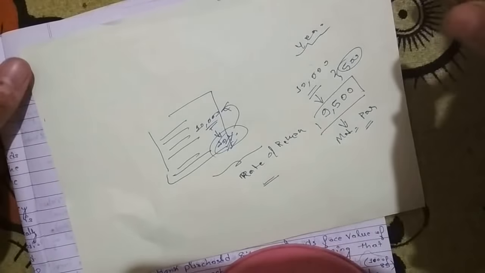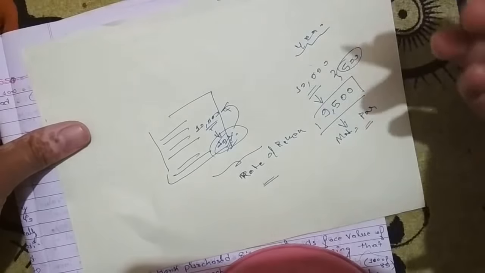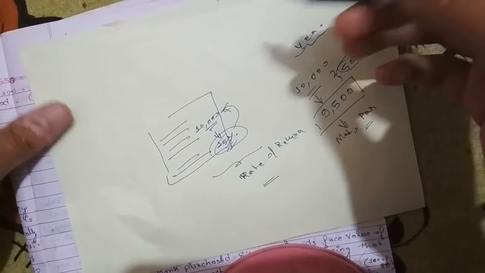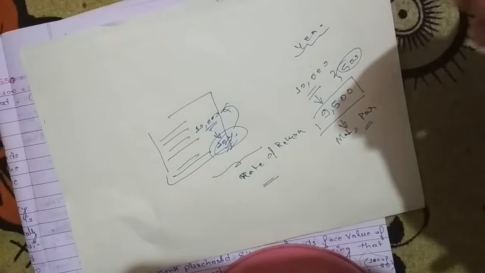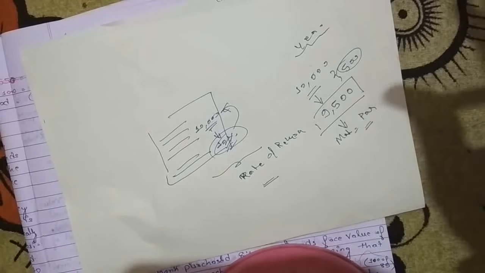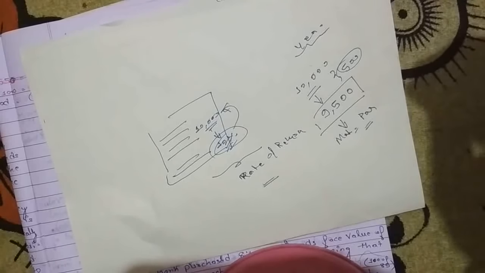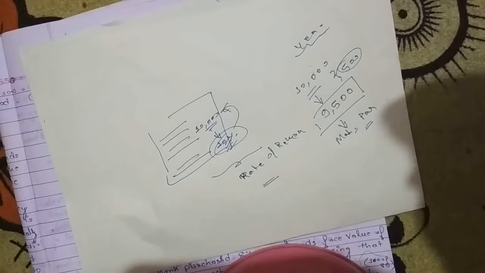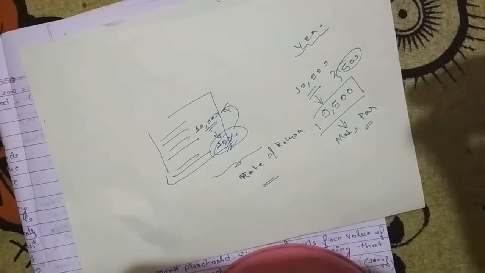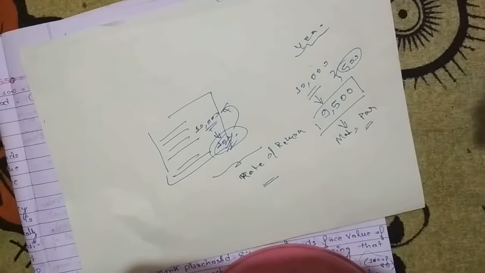Now, the market value. Since the market is all about buying and selling, the price of a commodity always depends on the amount of buying or selling. If the buyers are high, then the price increases, and if the sellers are more, then the price decreases.